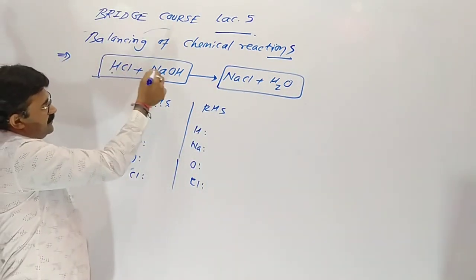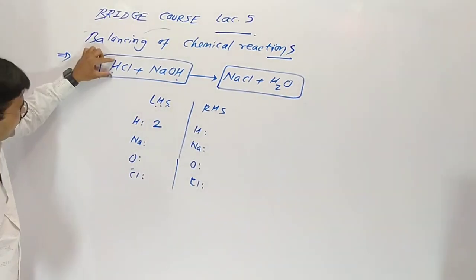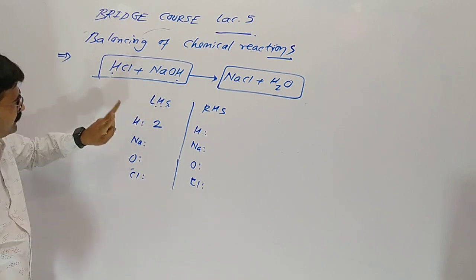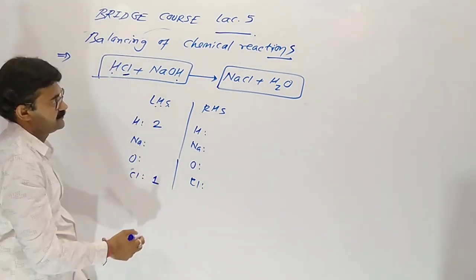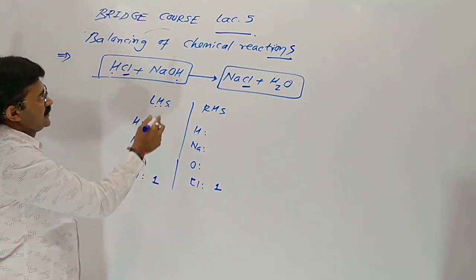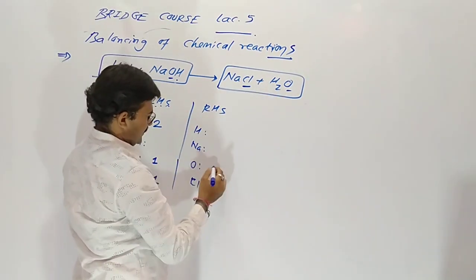Here hydrogen 1 and 1, 2. On the right, 1 hydrogen and 1. On the left hand side total hydrogen is 2. Chlorine is 1 time, on the right hand side also 1 time. Oxygen is 1 time here and 1 time here.